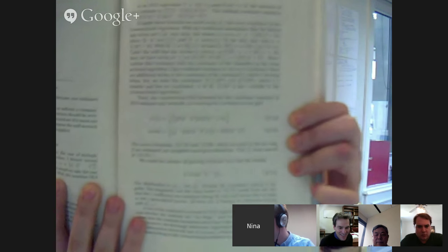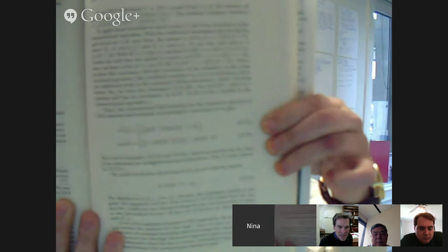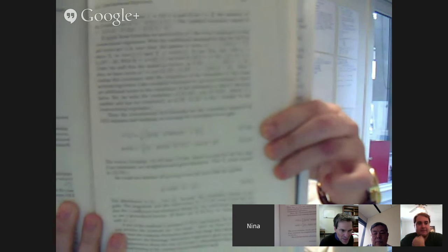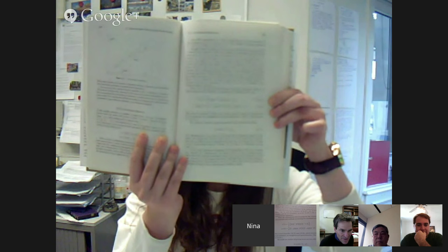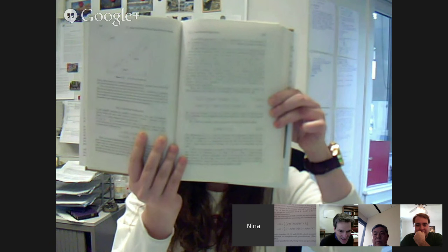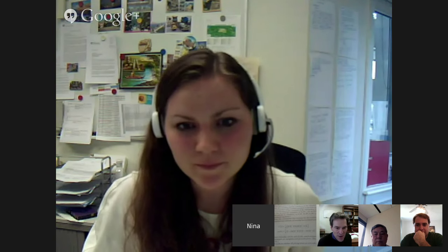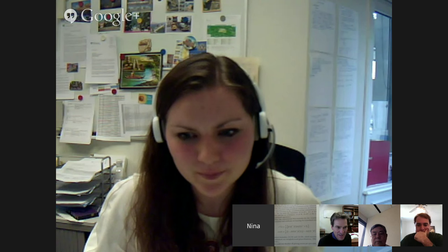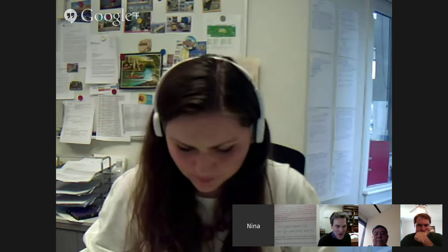Can you see equation 12.12? The problem is your computer. Back up a little because it's not focusing on the book. What if I do it? Can you see my screen? Let's try Adam. Oh yeah, Adam's is working. Well, it was working. Totally real steady. Okay, there we go.